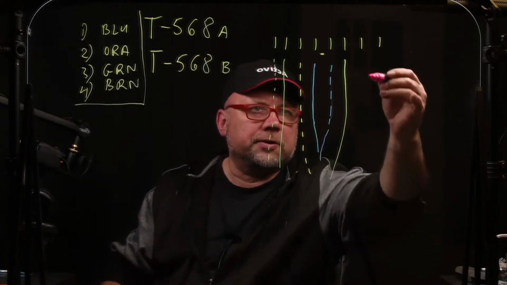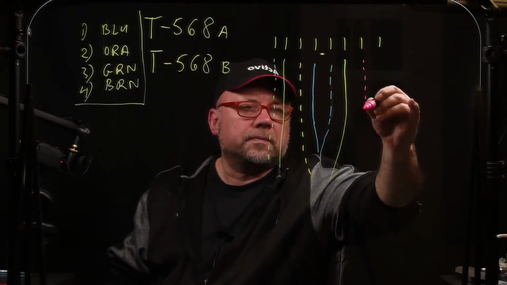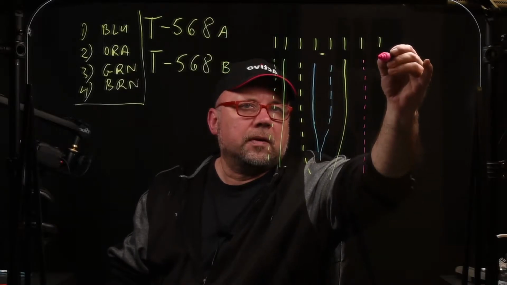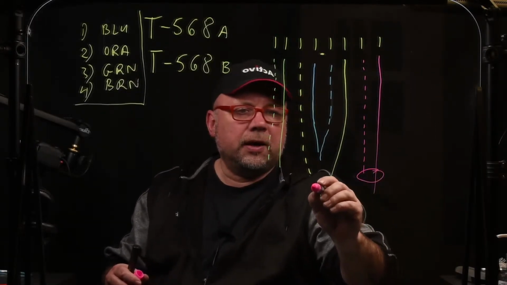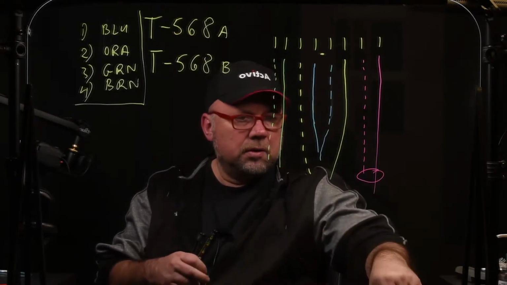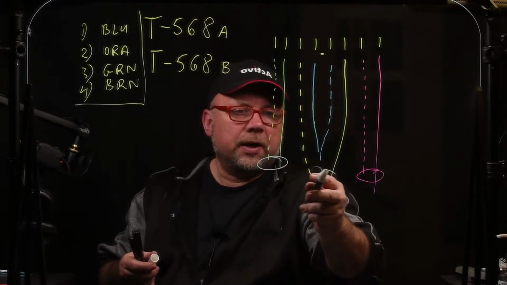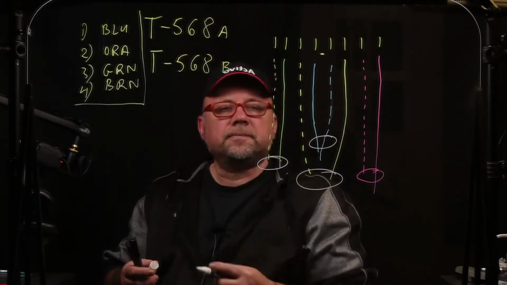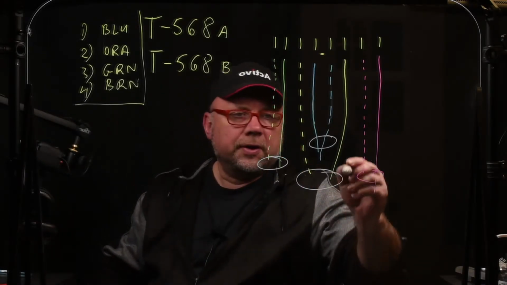So pink is the new brown, or magenta. And solid. So you see, here's a pair. Here's a pair. Here's a pair, and here's a pair. And how are we going to label those pairs? Here's blue.